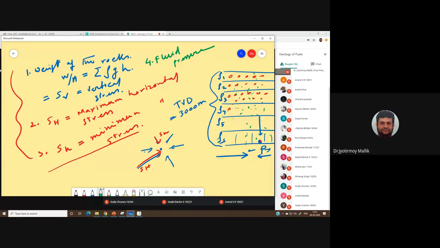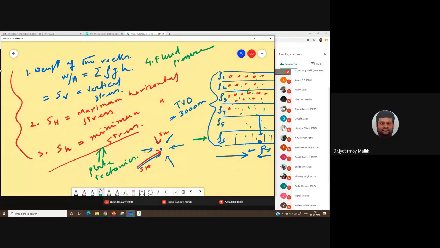Now, of course, these horizontal stresses and the vertical stress will also be contributed not only by the weight of the rocks, but also by the component of plate tectonics. Because क्या हो रहा है यहाँ पे, these plates are also being moved, ना?